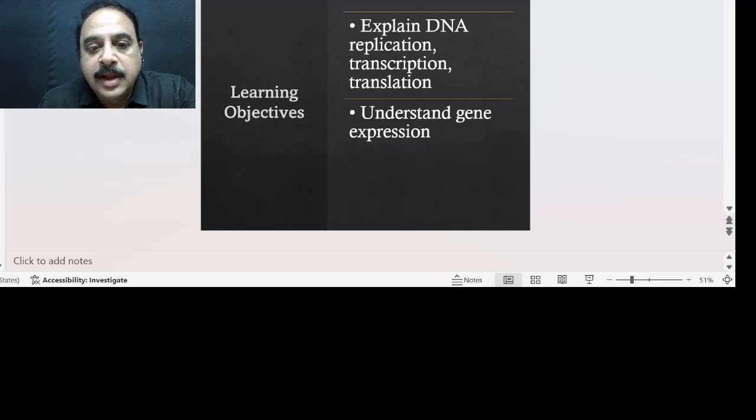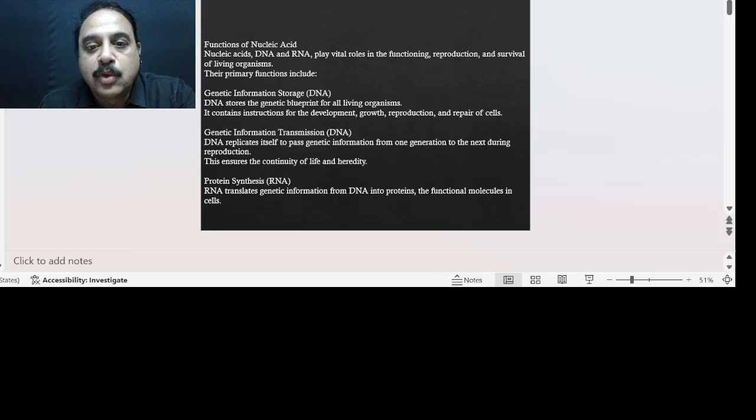If you look at the functions of nucleic acids, they play a very vital role in the functioning, reproduction, and survival of living organisms. The primary functions include genetic information storage.